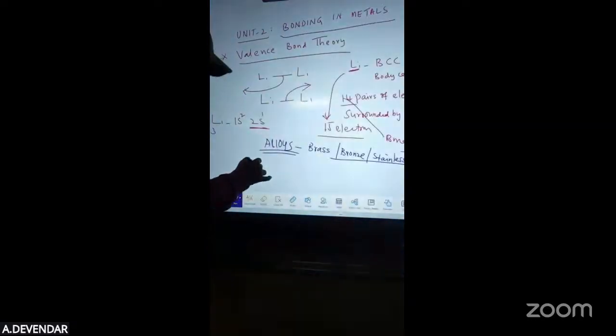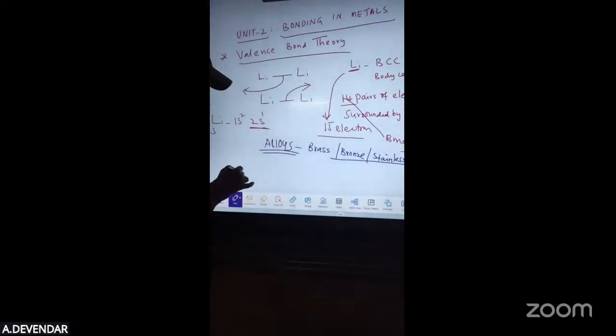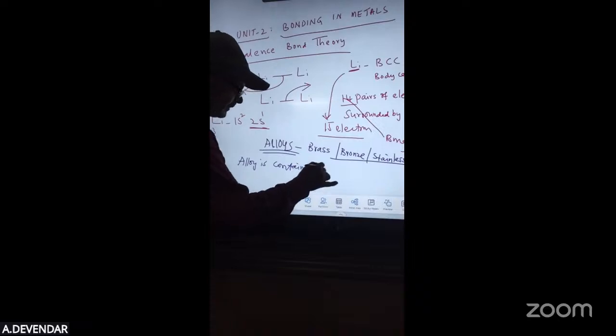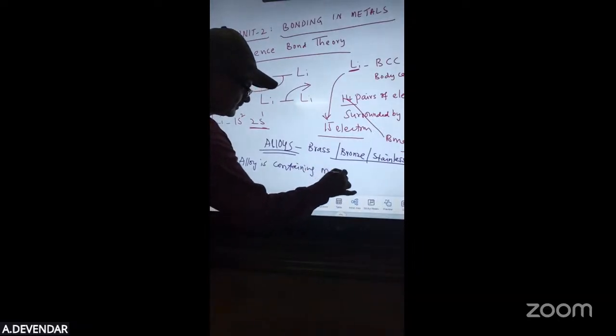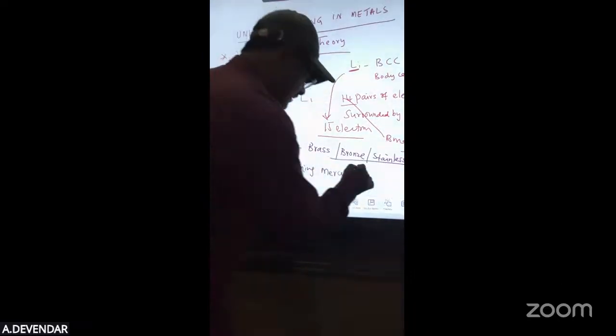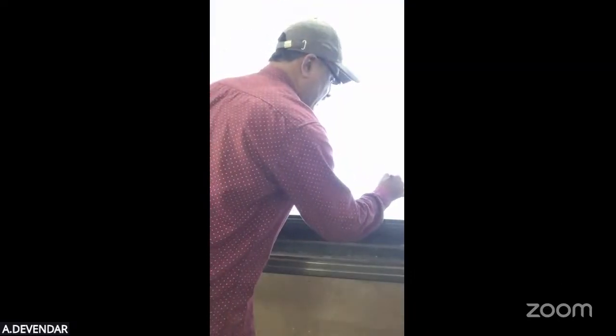These are all alloys. So if the alloy is containing mercury as a metal, mercury as one metal, they are called amalgams.